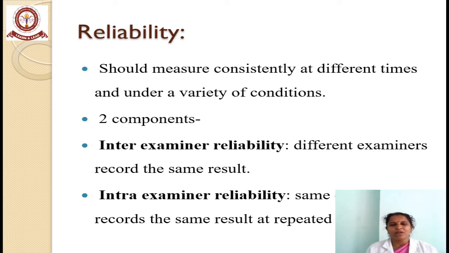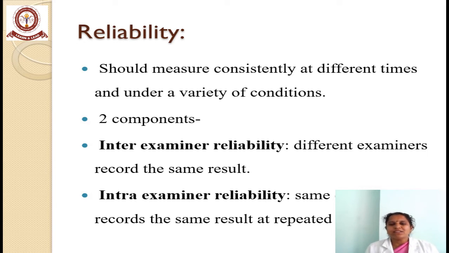For example, if one person says that caries is present in 3/6, the other also should say that caries is there in 3/6 by using the criteria for the index. Then the reproducibility is there among the examiners.